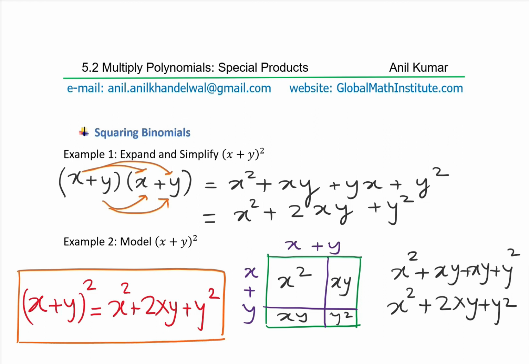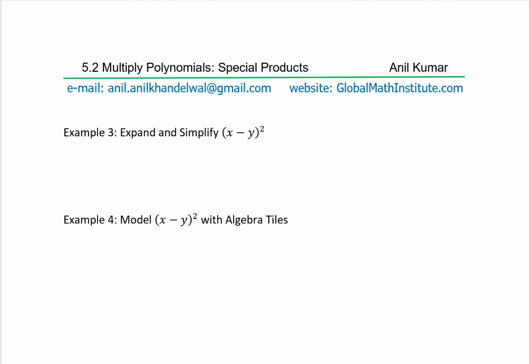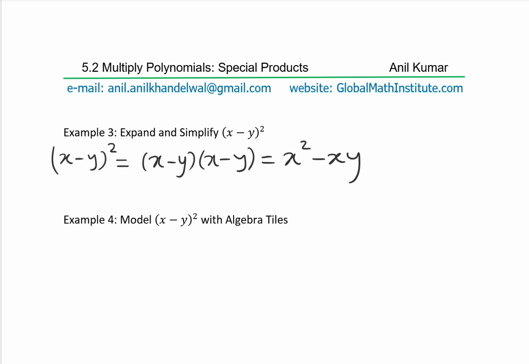Now let us explore further what happens when we have difference x minus y whole square. So the example 3 is expand and simplify x minus y whole square. As we had seen earlier, we'll multiply x minus y by itself. When we do so, we'll get x squared minus xy. So what have I done here?